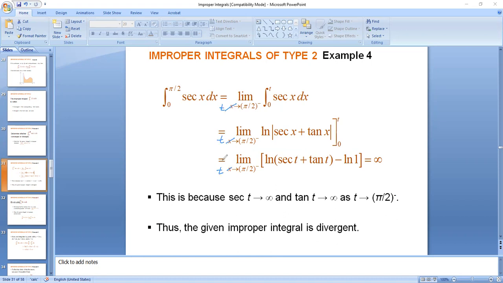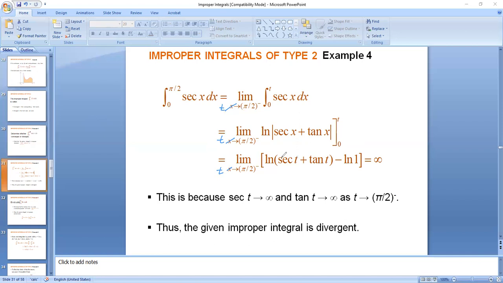What happens is, of course, class, we just integrate this as if we're integrating any ordinary integral. What's the integral of the secant? It's ln of the secant x plus tangent x. Now we will substitute 0 and t here.